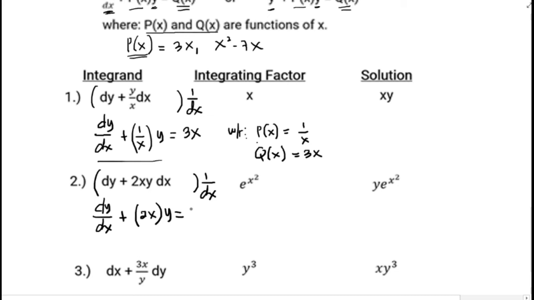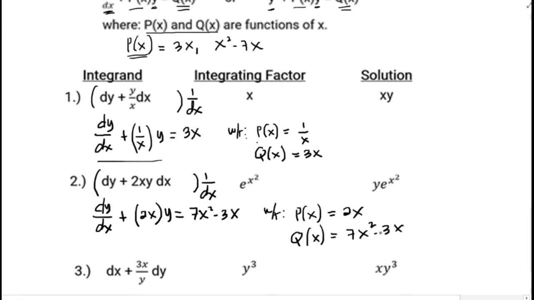Maybe we can put here 7x squared minus 3x. If this is our q(x), then we now have our complete linear differential equation, from which our values are p(x) equals 2x and our q(x) is equal to 7x squared minus 3x.